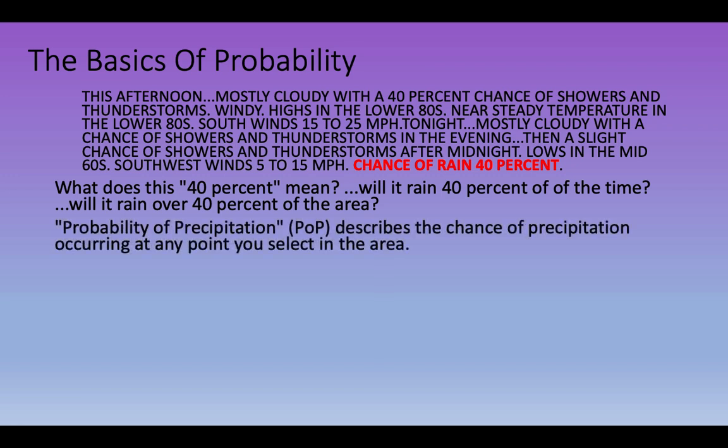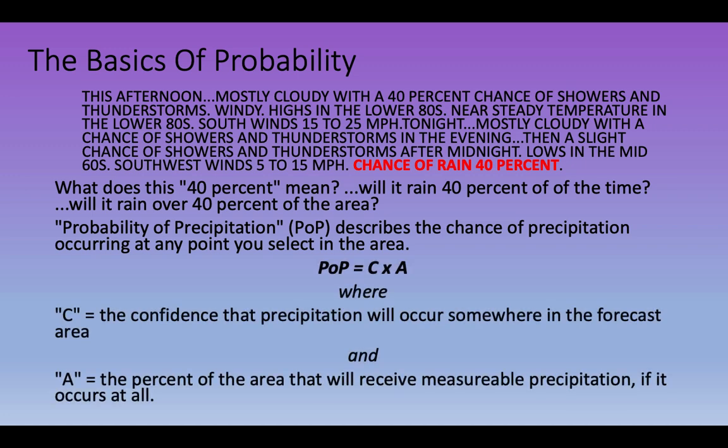Well, it's actually based off of something called the probability of precipitation, or POP, and this describes the chance of precipitation occurring at any point you selected in that area. So if we think about a specific area, we can ask what's the probability that we would expect to see precipitation? It's basically calculated using two numbers.